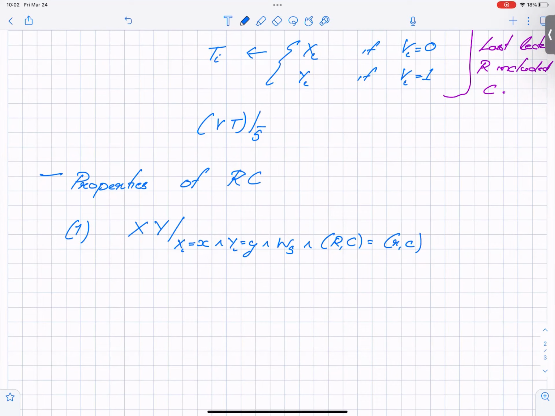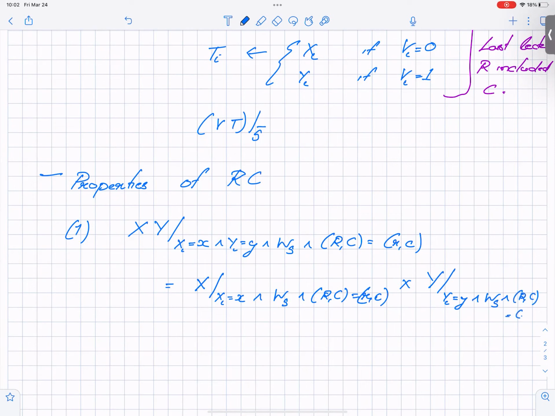This random variable split off into a product random variable: x_i equals x and W_S and RC equals c, cross y. This was the property of the random variable.